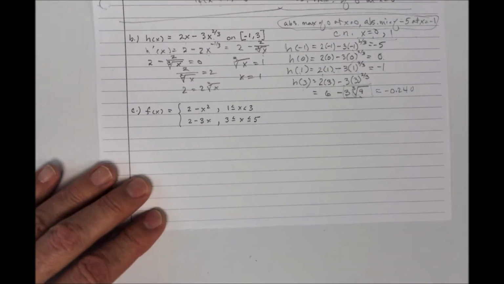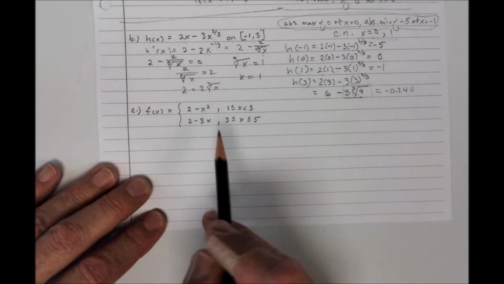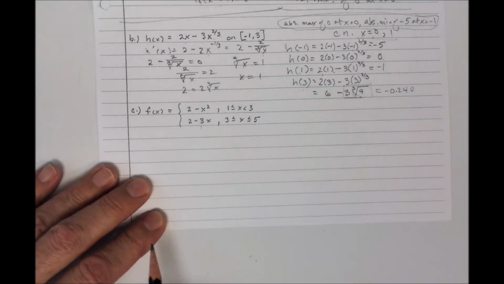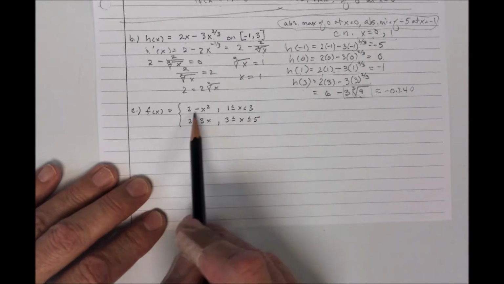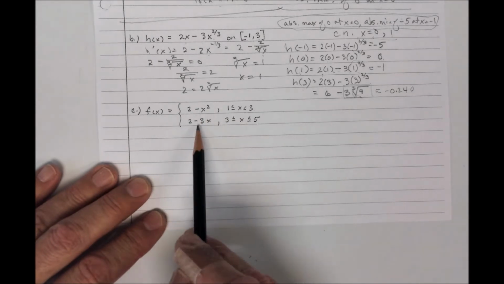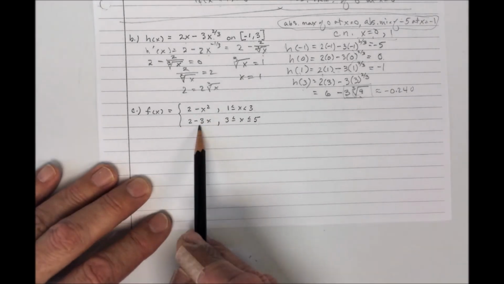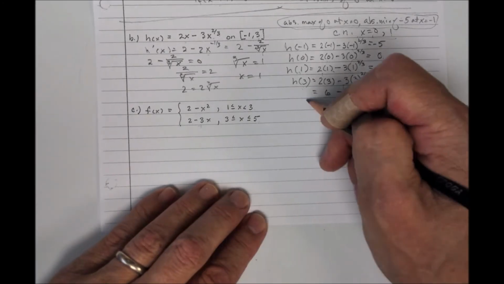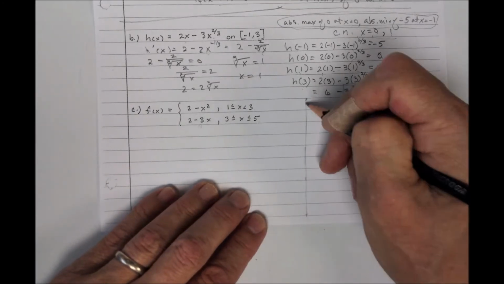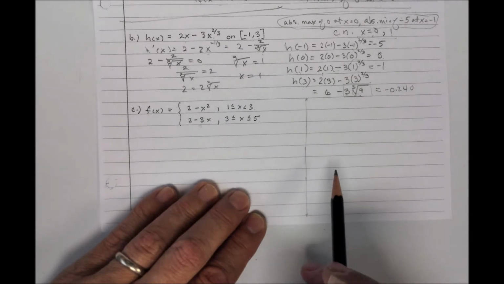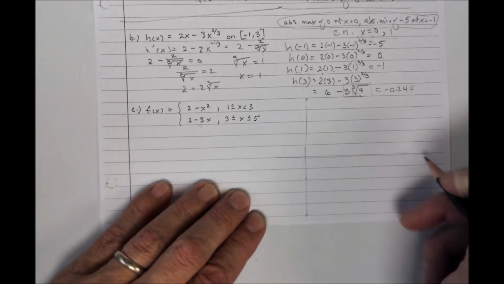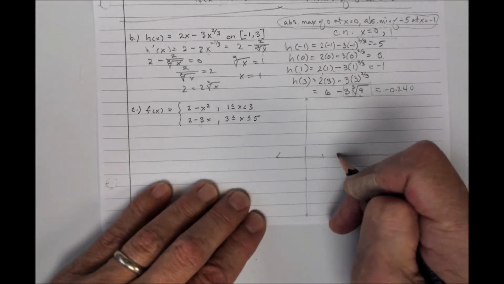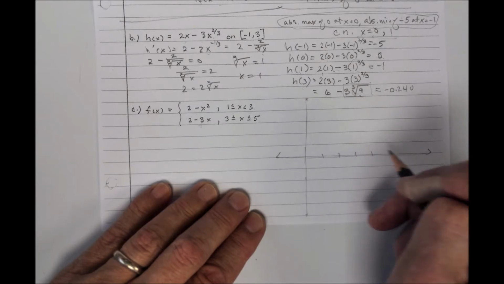Next guy up. Definitely want to think about doing this one using a sketch to help me here. This part is a multi-ruled function from 1 to 3. I have what looks like a parabola that opens downward, and then from 3 to 5 it looks like I have a line. So let's see if I can come up with a reasonable sketch here. 1, 2, 3, 4, 5.